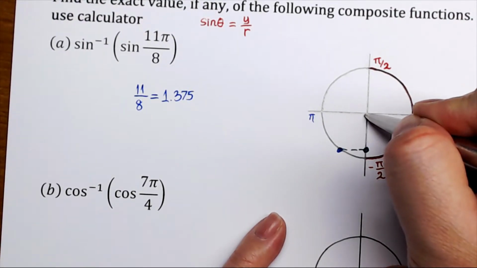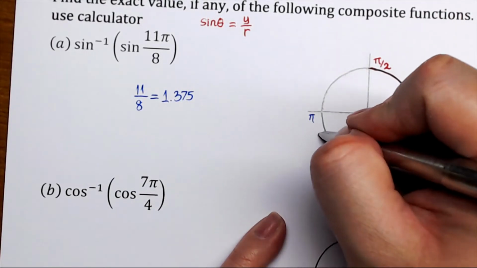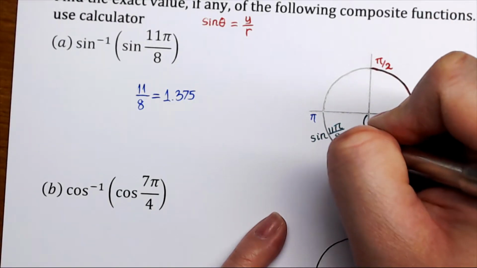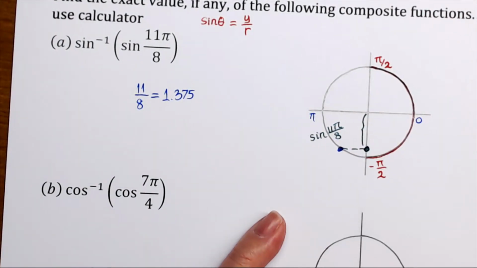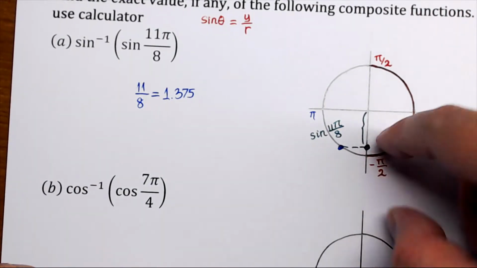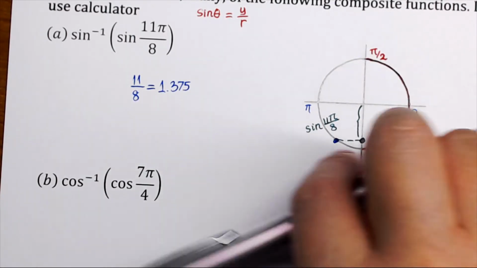R over x is secant. So pretty much we need to find x, y, and r. Once we know them, we should know all the trig ratios.